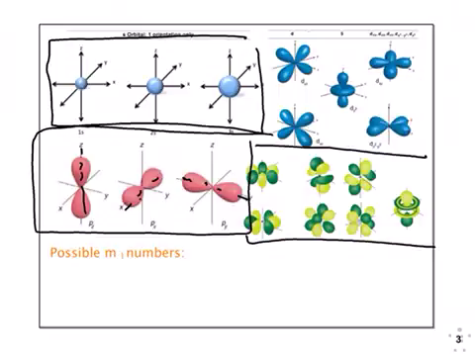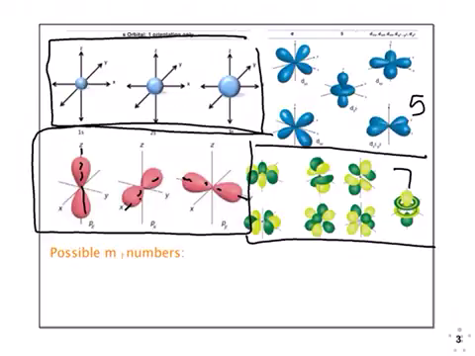It's also important to notice that their shapes are not the same. Their shapes also increase in complexity, as do the quantities. So notice how the d orbital has 5 possibilities and the f orbital has 7.